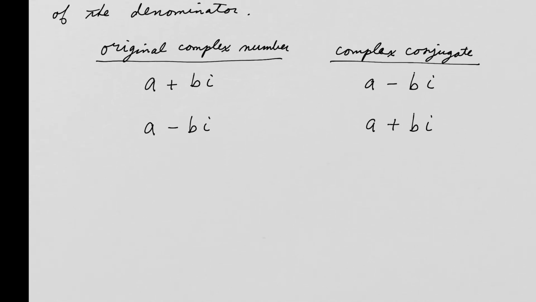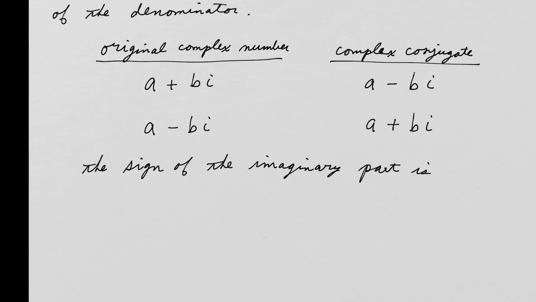Okay, so I'll say the sign of the imaginary part is changed. If it was positive, it becomes negative. If it was negative, it becomes positive. Okay, why is this useful?